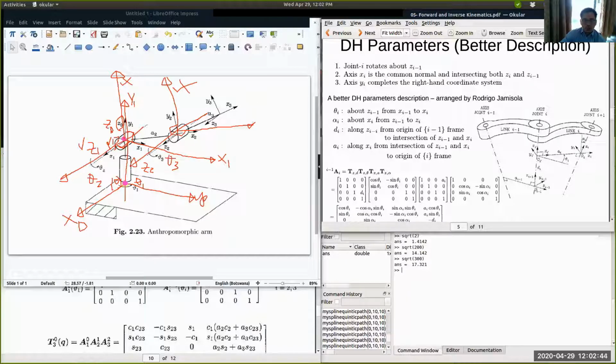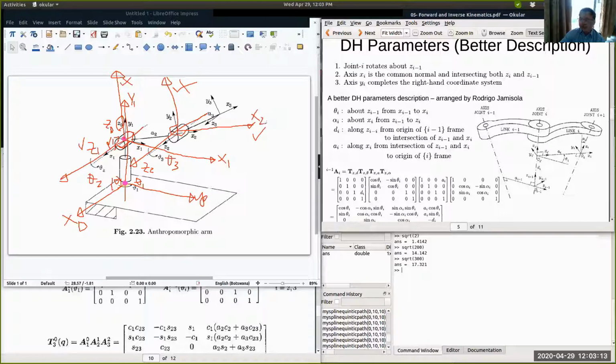What about this one? It's normal and intersecting to Z2, yes, but is it normal and intersecting to Z1? This is an axis, we can extend it to here. Is it normal? Yes. Does it intersect Z1? Yes. So this axis satisfies both the normality and intersecting requirements. So this is our X2.